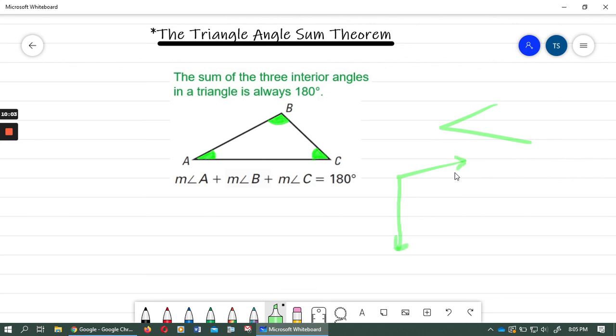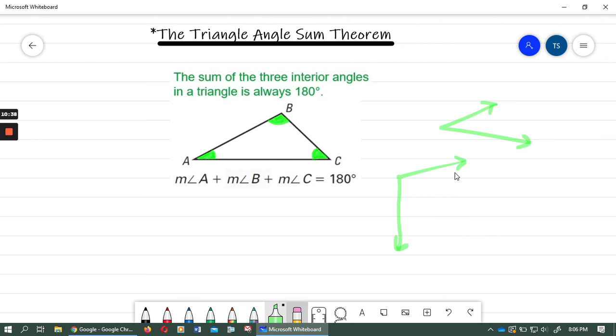We're not talking about angles like this. Again, these three angles inside of this triangle are angles, but they're not like these types of angles here. These three angles are three interior angles inside of a polygon, inside of this triangle.